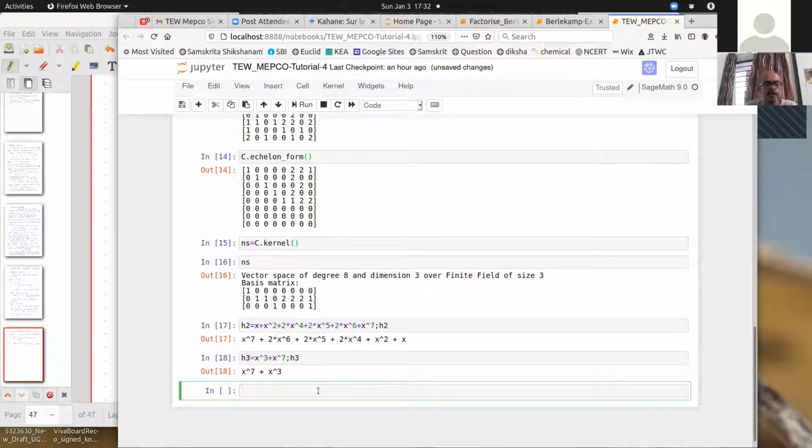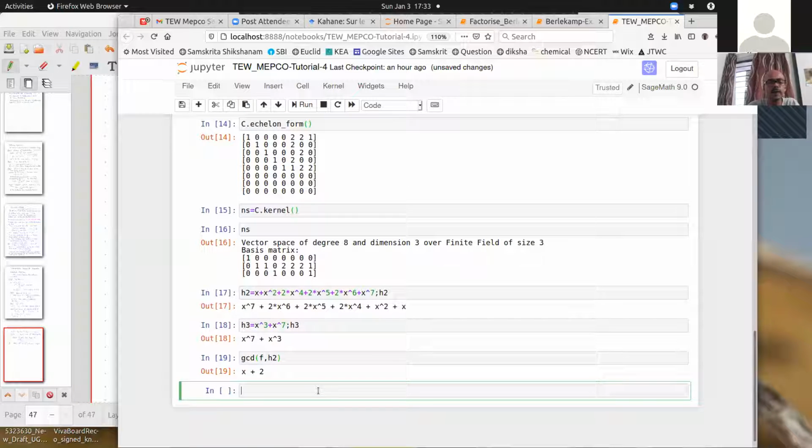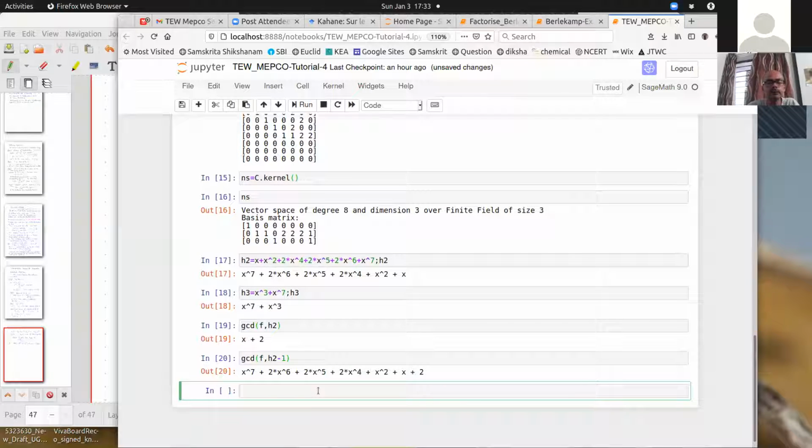Now we want to find the GCDs. So GCD of f and, first of all, h2. That is x plus 2. So we already have a non-trivial factor. GCD of f comma h2 minus 1, we have another factor.